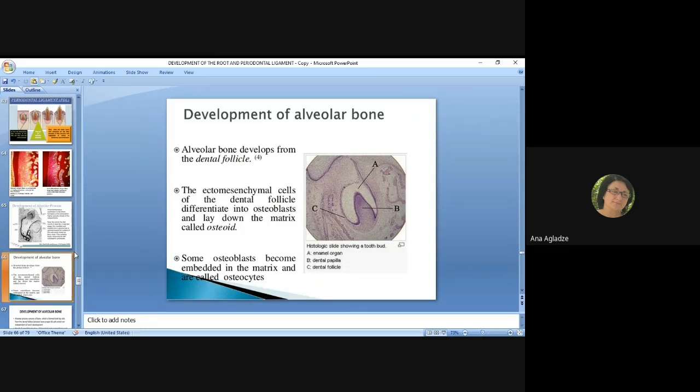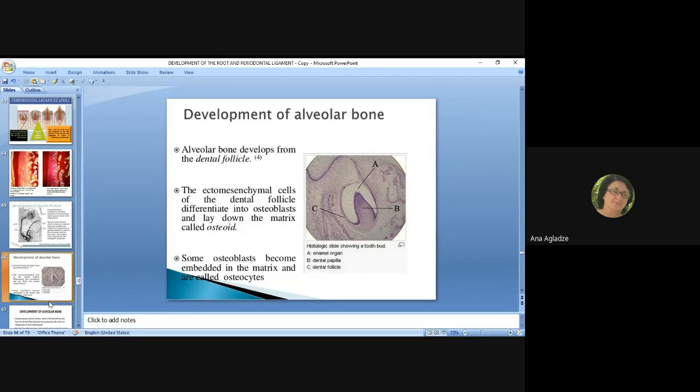Alveolar bone develops from the dental follicle, and it has an ectomesenchymal origin. The dental follicle contains ectomesenchymal cells, and these ectomesenchymal cells differentiate into osteoblasts, which lay down the matrix called osteoid.